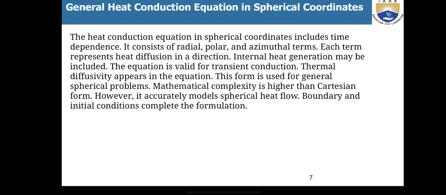The equation is valid for transient conduction. Thermal diffusivity appears in the equation. This form is used for general spherical problems. Mathematical complexity is higher than the Cartesian form. However, it accurately models spherical heat flow, boundary, and initial conditions. It completes the formulation.